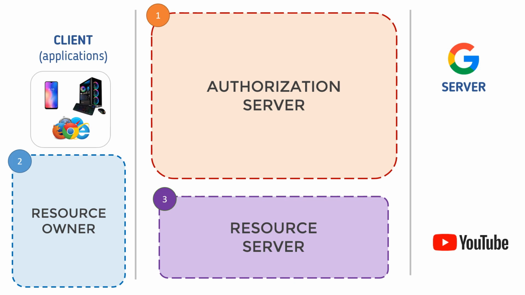But once it is a single company, with Google login, you can access the information or your videos or details from the YouTube server. So this is what we mean by two different servers. You can set up authorization with the Google server, and the user authorizes it. Then you can use that access token, and you can get the information from a resource server, which is nothing but your YouTube. So in most cases you will not feel any difference, but this is just for your understanding that there are three entities at play.